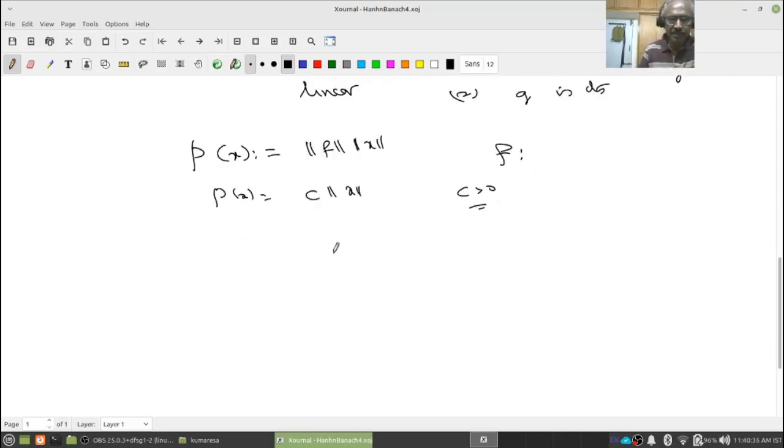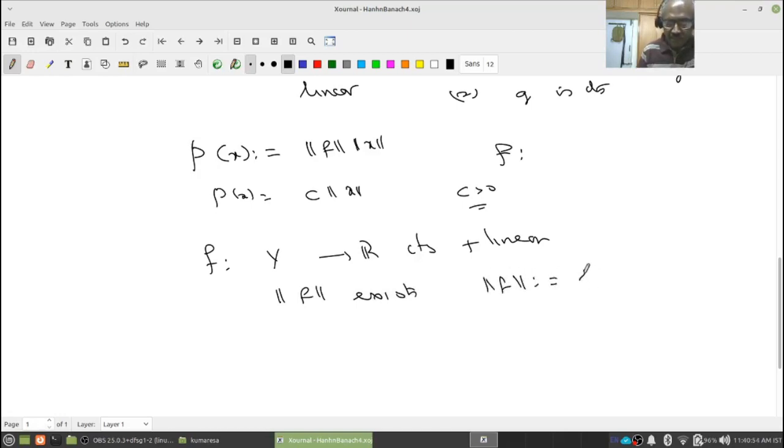So just to make sure that you follow, remember F from Y to R is continuous linear. Therefore the operator norm of F exists. Remember what the operator norm is? There are various definitions, but let me quickly recall: it is the LUB of norm of F of y, as y is in Y and norm of y is less than or equal to 1.